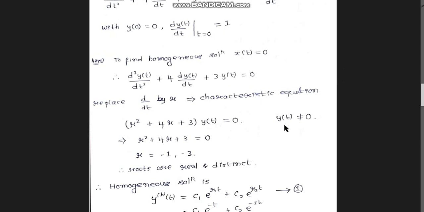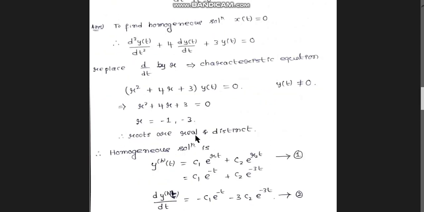So usually y of t is not equal to 0. Hence the other factor has to be 0 in order to make this equation 0. Hence we get r square plus 4r plus 3 equal to 0.